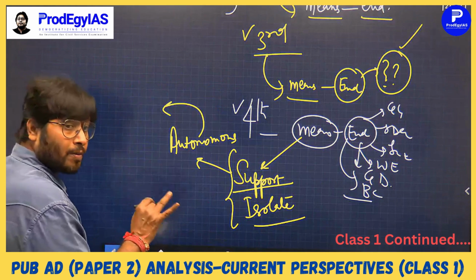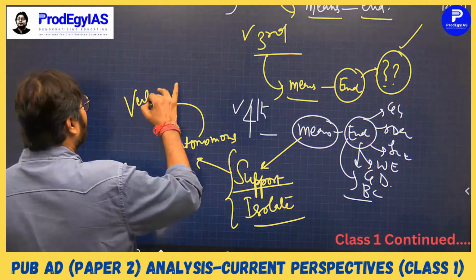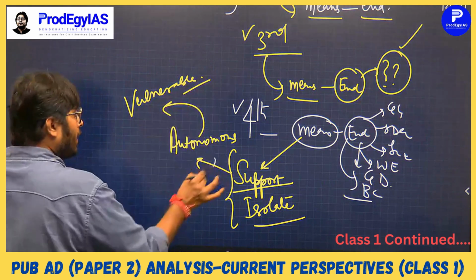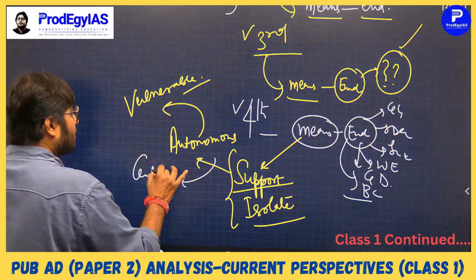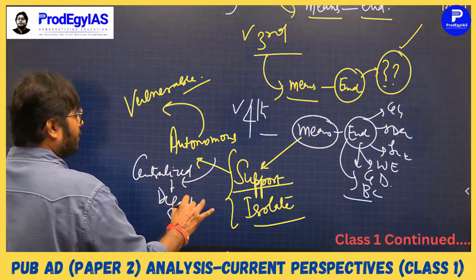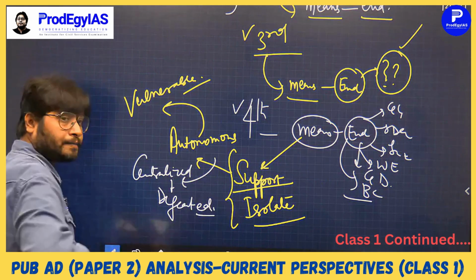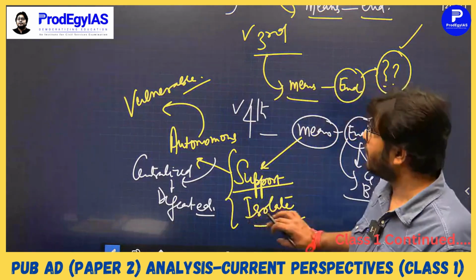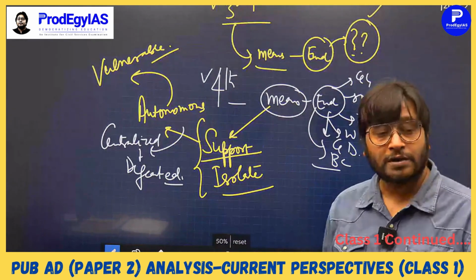If they are made autonomous, they will become vulnerable. Fine. If they are centralized, the entire purpose becomes defeated. Right? If we centralize, the purpose is defeated. If we make them completely autonomous, it is vulnerable.